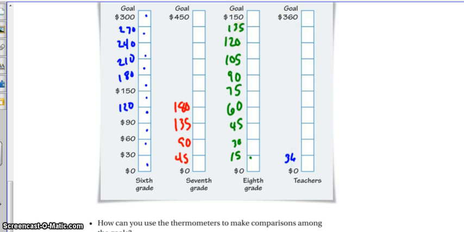And then we'll go over here for the 7th graders and finish them out counting by 45. So we'd have 225. And then 45 more would be 270. And then 45 more would be 315. And then 45 more would be 360. And then 45 more would be 405. So those are the increments for 7th grade.